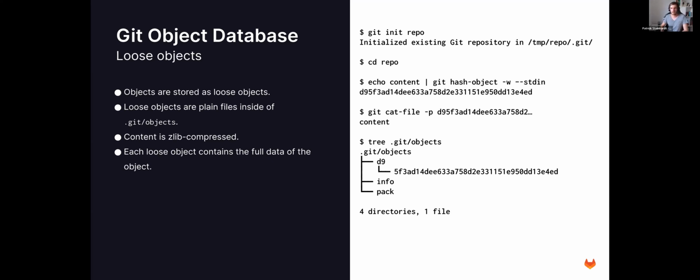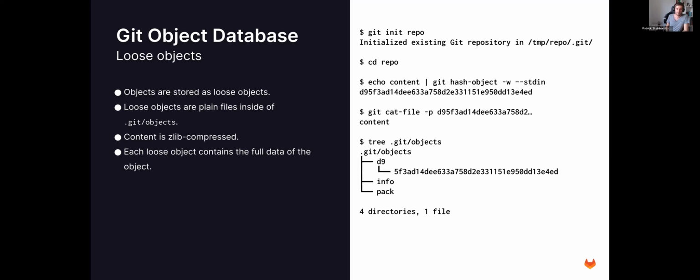Again, you can see on the right-hand side, after we have written the object into the object database, if you do a listing of the objects directory inside of your Git repository, you see that we have the exact address of that object in the D9 folder, and then afterwards we have D5F3, and so on. So this is the actual object, and the content of that object is zlib compressed. So it's not directly written to disk in plain contents, but it's really compressed first.